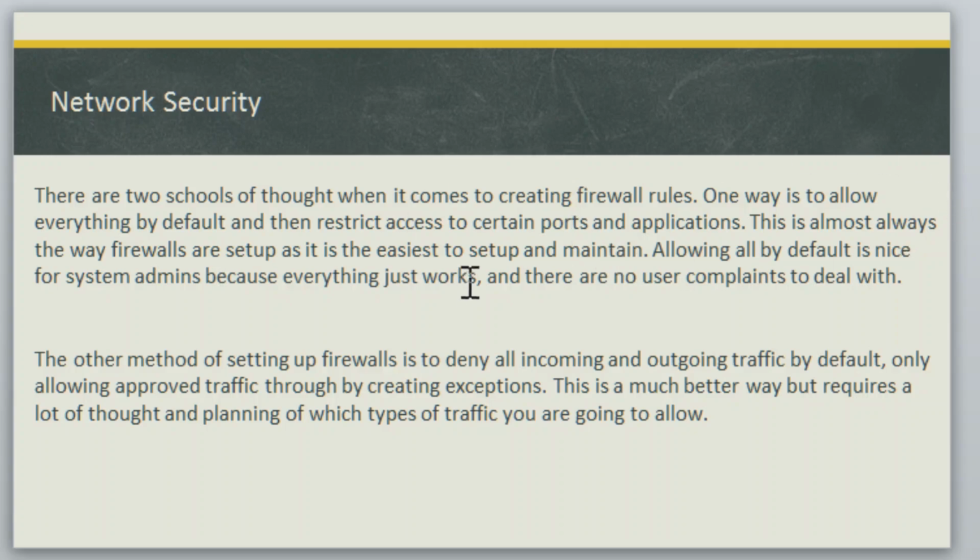It says let everything get through, but on these ports don't let things through, and these applications aren't allowed through. Or you can say don't let anything through, and we're going to only allow specific applications, ports, and programs as exceptions. We're going to do that one by one for each one, saying this one specifically can come through. And as you can imagine, this does take a lot of planning and thought process.